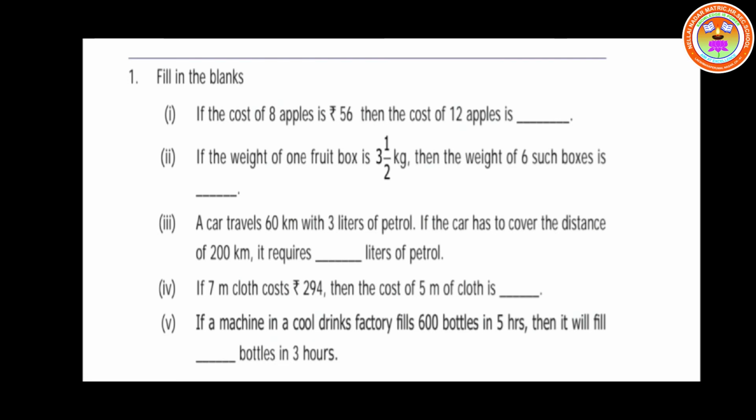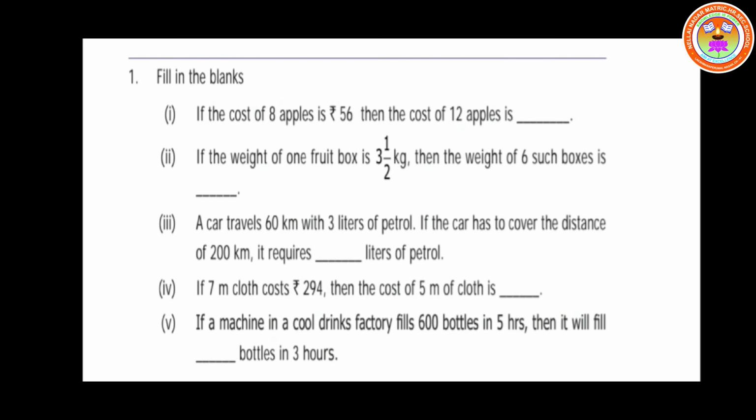Now subdivision 3. A car travels 60 km with 3 liters of petrol. If the car has to cover the distance of 200 km, it requires dash liters of petrol. Have you all understood the question, children? A car travels 60 km with 3 liters of petrol.